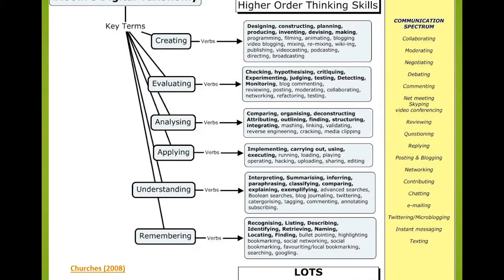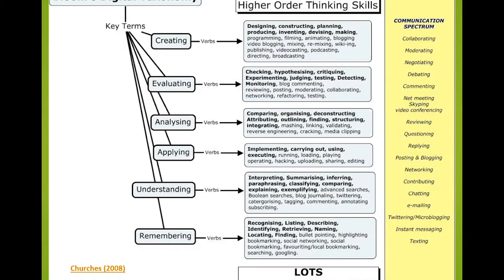In the Bloom's digital taxonomy, the complementary verbs are to the right of the screen in the boxes. So for example, if you're at the lower level of the taxonomy, such as remembering, you would be developing lower order thinking skills like recognizing, listing, describing, identifying.